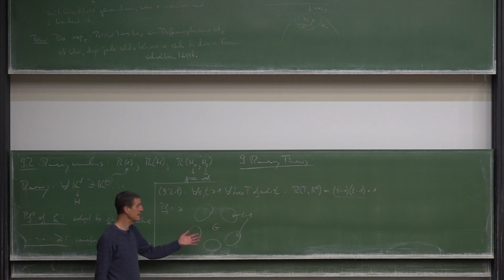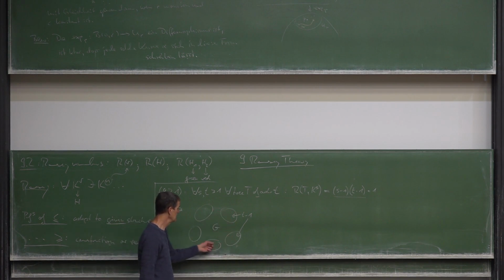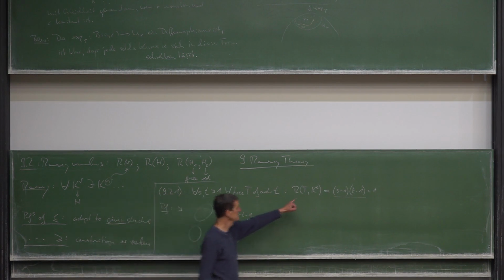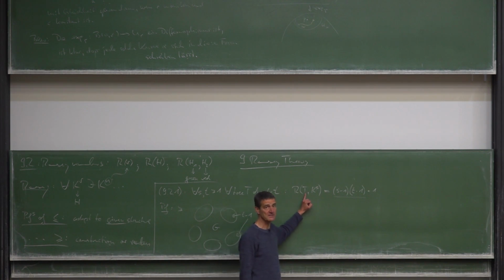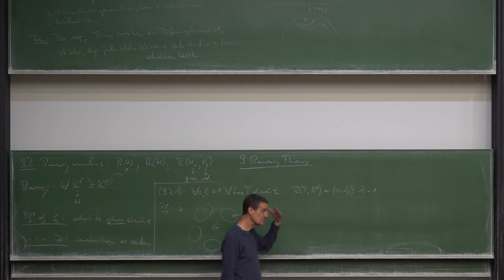Right, if G is disconnected and the components don't have enough vertices for T to live in a component, then T can't live in the whole graph either, because T is connected. I mean, that's a very, very crude argument. But it's one way of ensuring that G doesn't contain T.